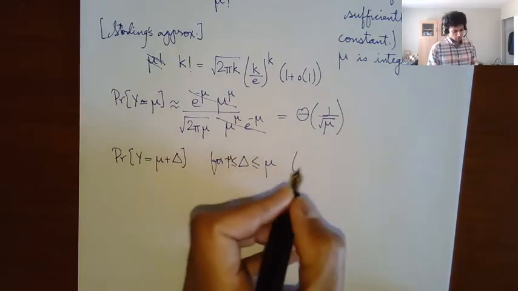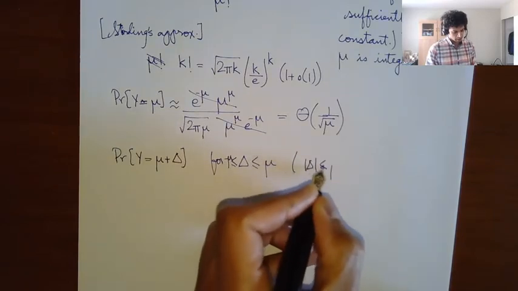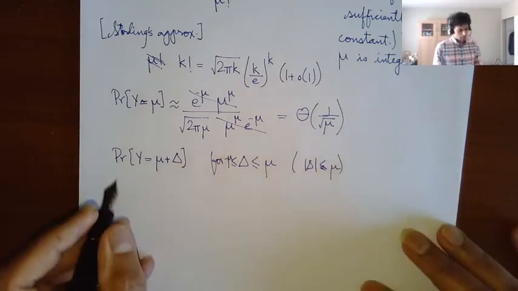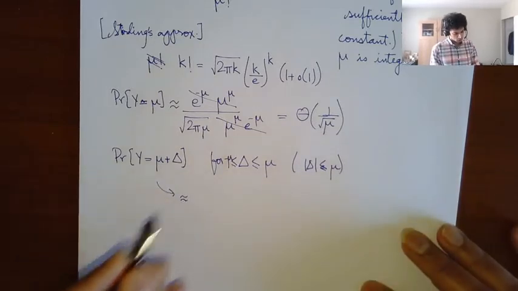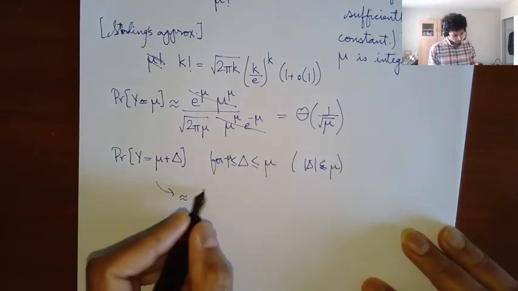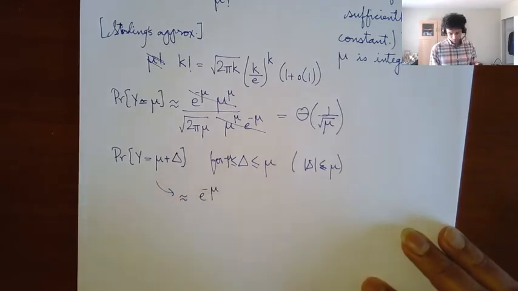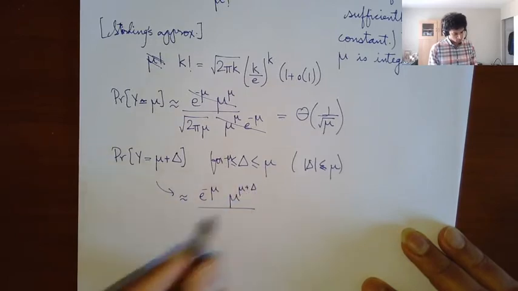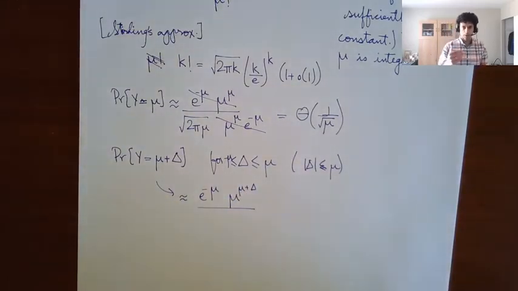So I'm thinking of just the absolute value being less than mu, and I'm looking at negative deviations as well. I'm going to plug in this approximation, and actually I get something that is quite interesting. So I get e to the minus mu times mu to the power mu plus delta. Remember, it's mu to the k divided by k factorial.